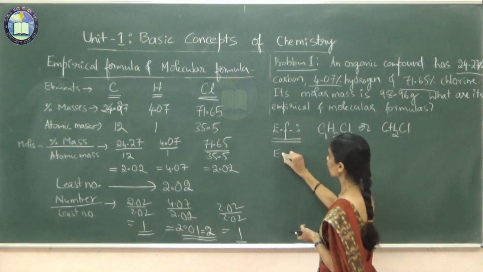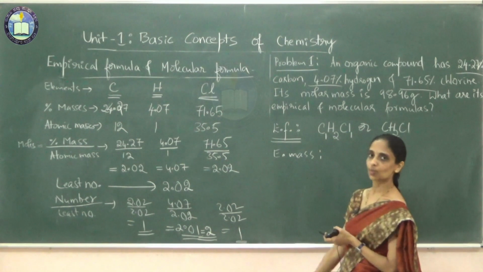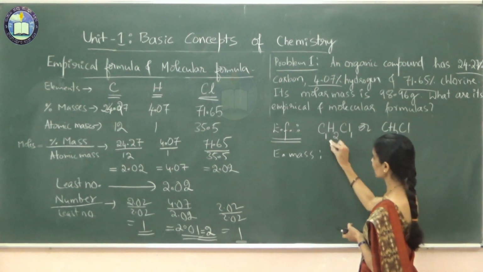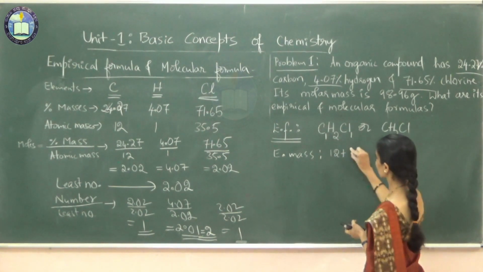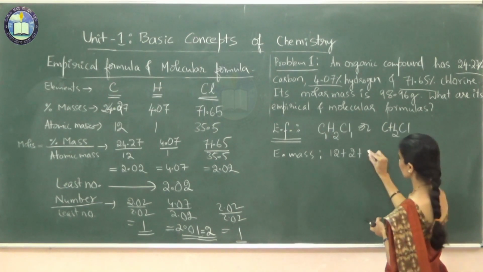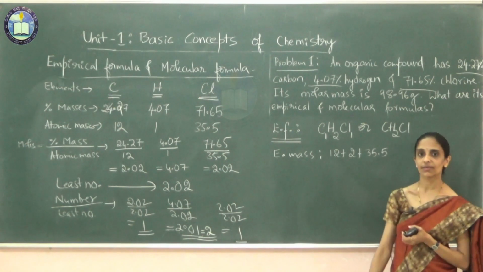Immediately you find out the empirical mass for the compound. So how much will it be? 1 carbon means 12. 2 hydrogens will give you the mass 2. 1 chlorine corresponds to the mass of 35.5.